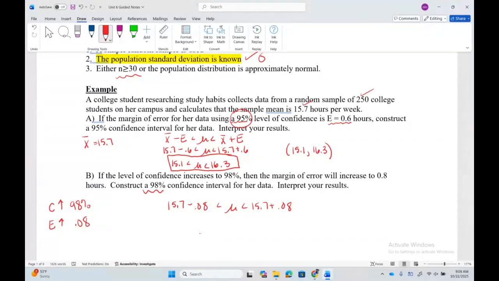So now at 98% confident, I can say that my population mean would be between 14.9 and 16.5. If my range goes up, I can be more confident that the population mean is between those numbers. If we widen the range, that increases the confidence.